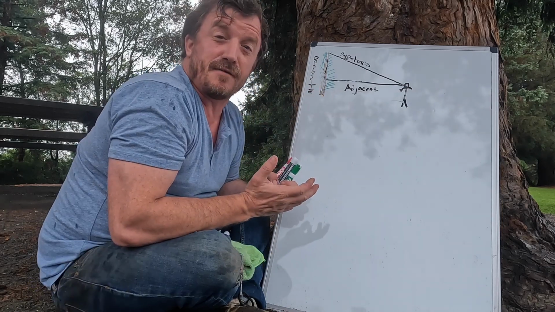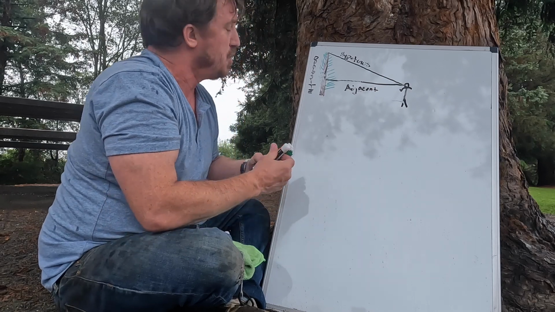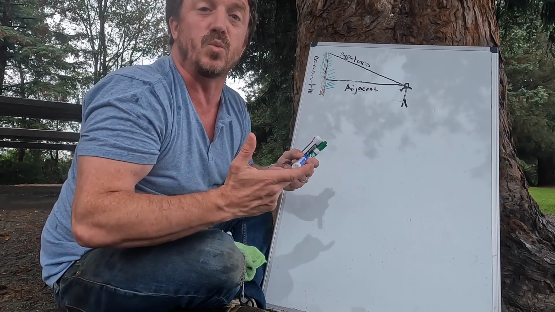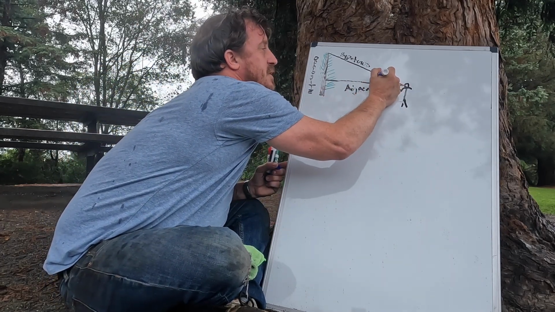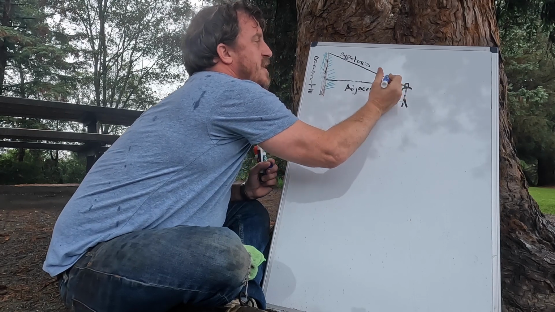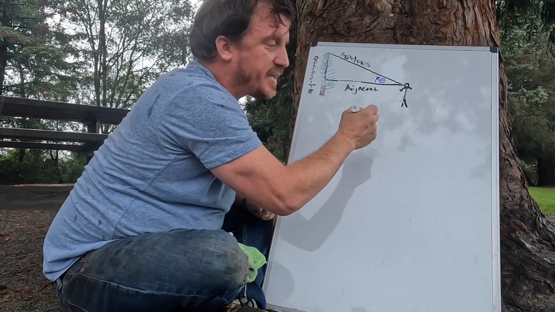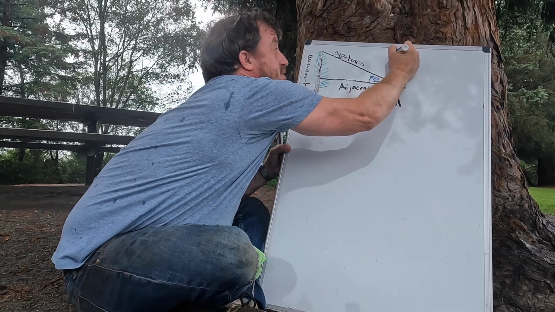So now we need to figure out variables. There's going to be variables we know and variables we don't know. Some of the variables that we can measure is this angle. That's what the clinometer is for. That little zero with the line through it is called theta. It's Greek. It's just like a placeholder for an angle. We can measure theta, so we're going to know theta.